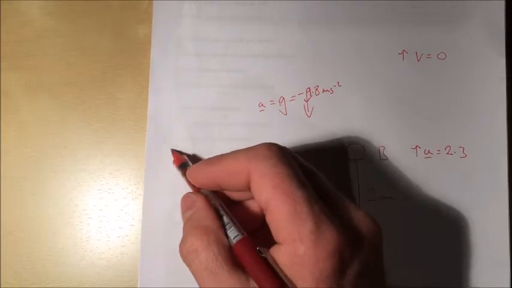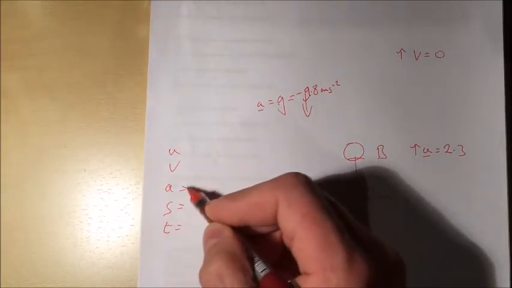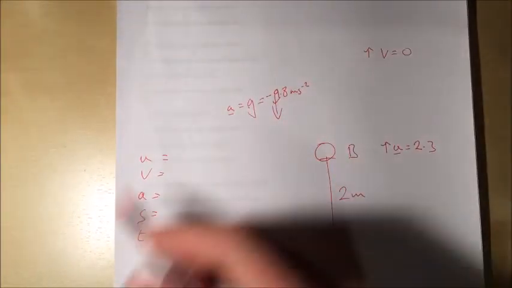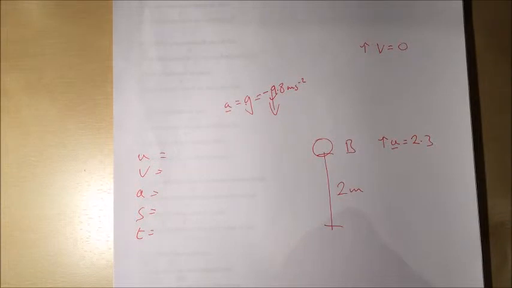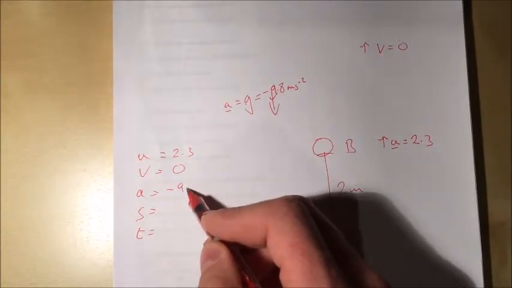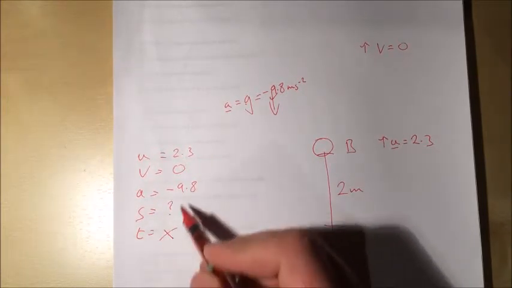So U, V, A, S and T. And now obviously again, if you were writing this you would keep going down the page. I'm scribbling it all over the place to try and fit it on the screen. So U equals 2.3, V equals 0, A equals minus 9.8, S is what we're trying to find, time we don't mind.